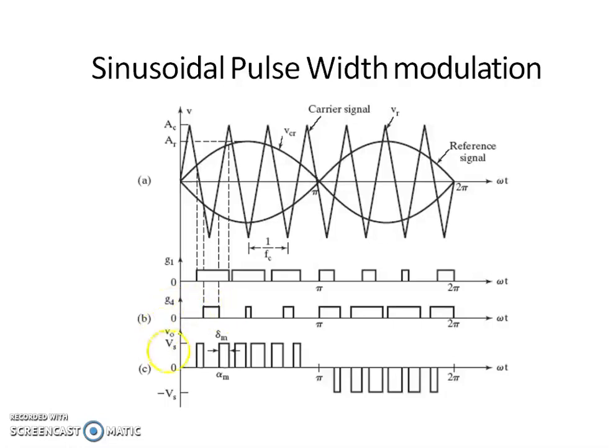The output voltage of the single phase full bridge inverter is as shown in the figure. When thyristors 1 and 2 conduct, we get positive output voltage. When thyristors 3 and 4 conduct, we get negative output voltage.